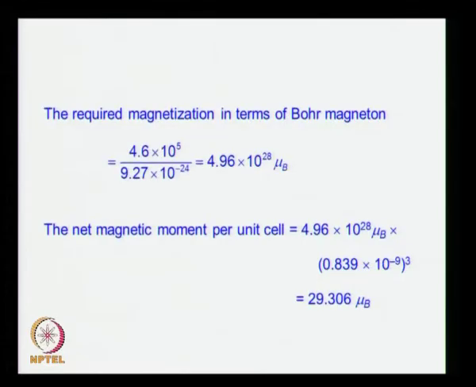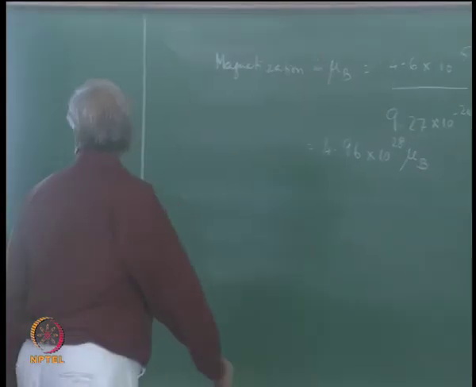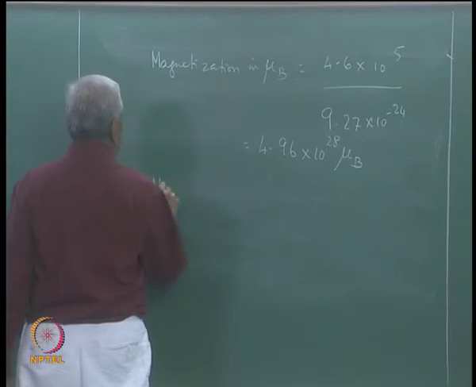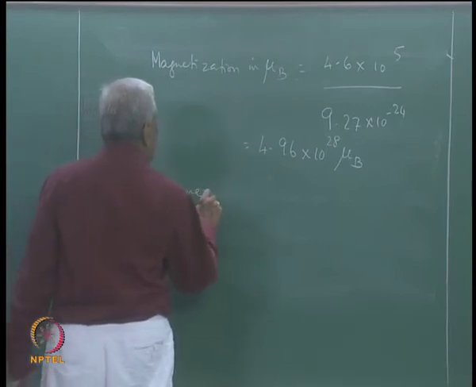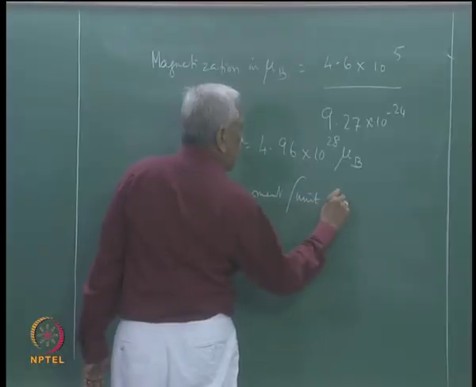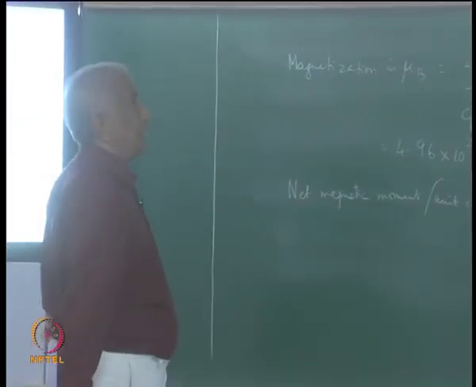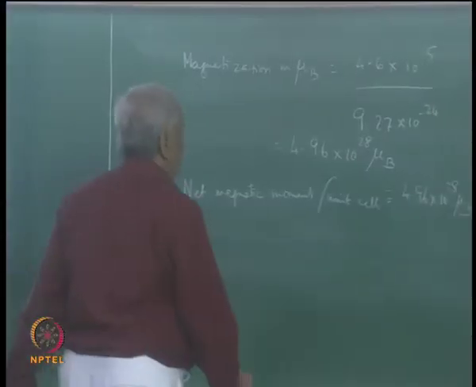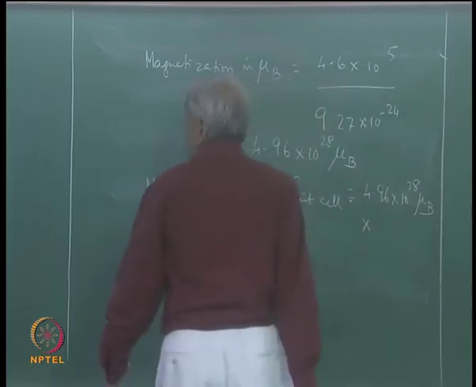So, that would be, now, if we have a unit cell, the net magnetic moment per unit cell is, this is what we want, times the volume of the unit cell.